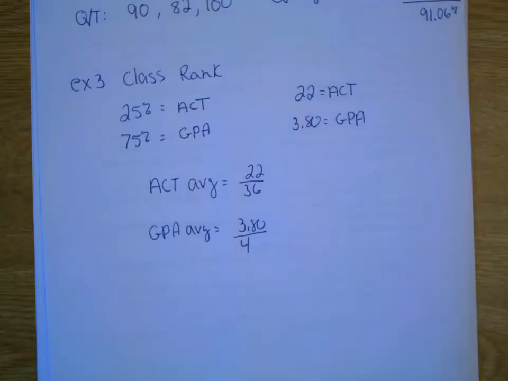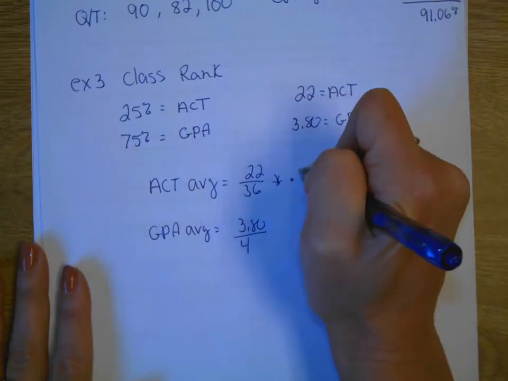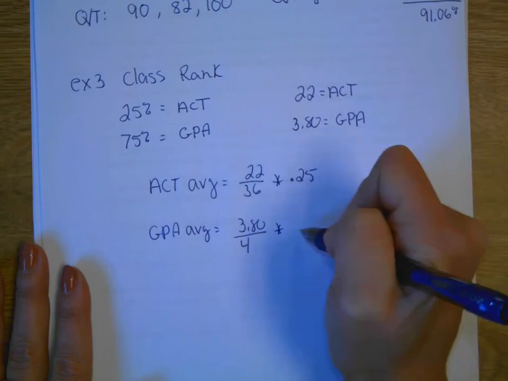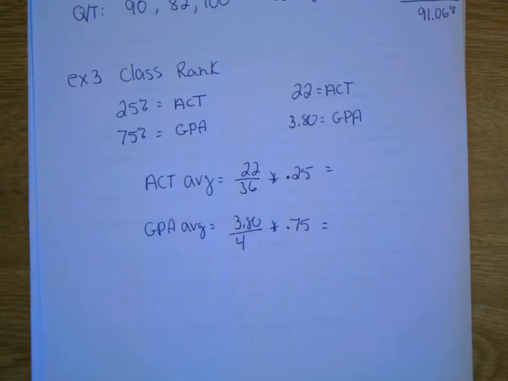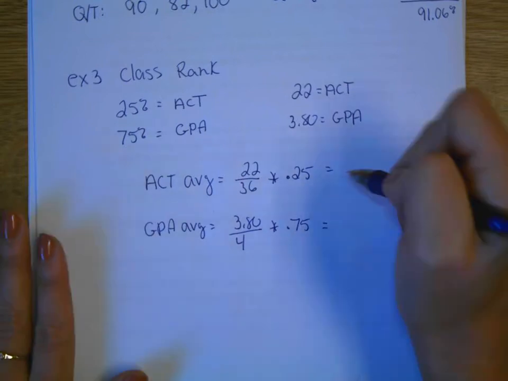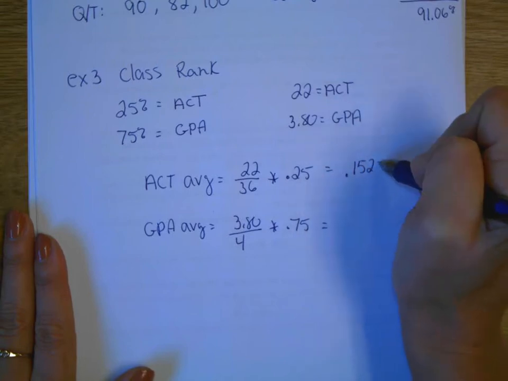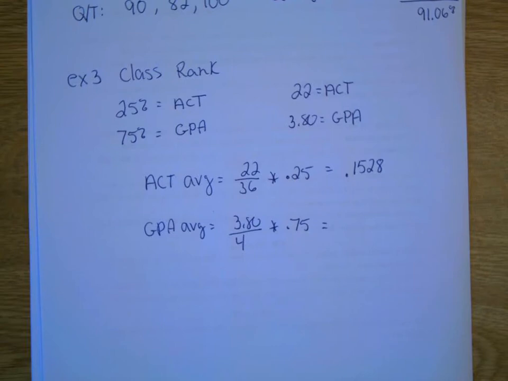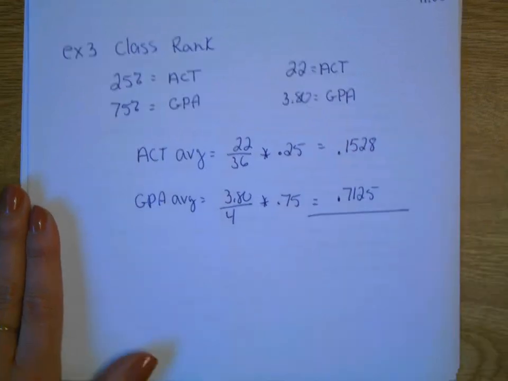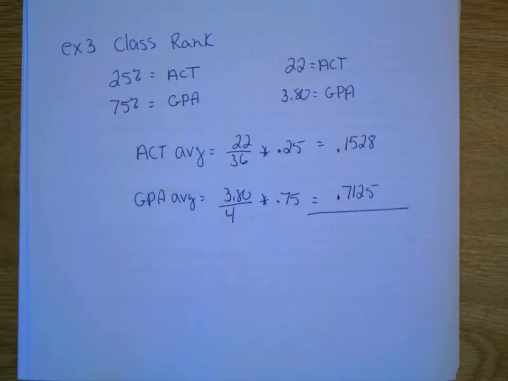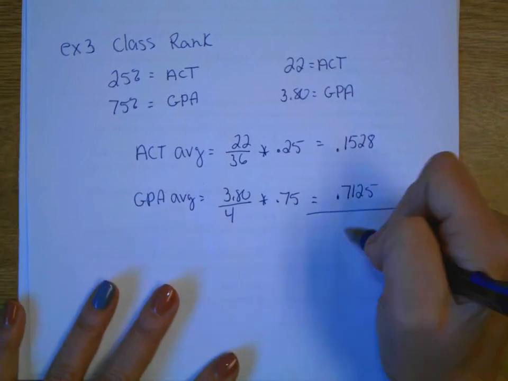So what's my weight for my ACT? 0.25. 0.75. Did you get 0.8653?